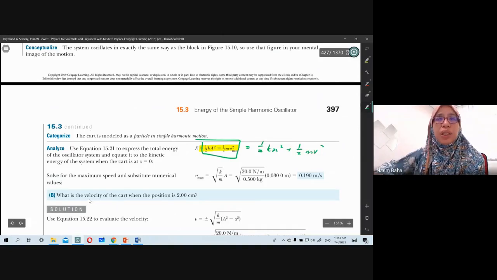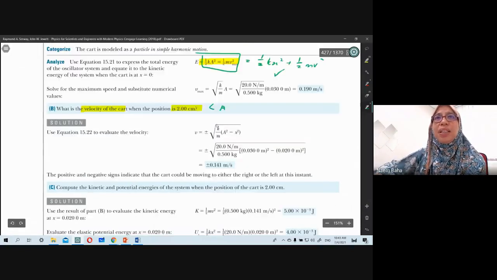What will be the velocity? Let's look at B: velocity of the cart when the position is 2 centimeter. Alright, 2 centimeter is actually less than A. So when it's less than A, use this expression. Now, this expression is simplified.